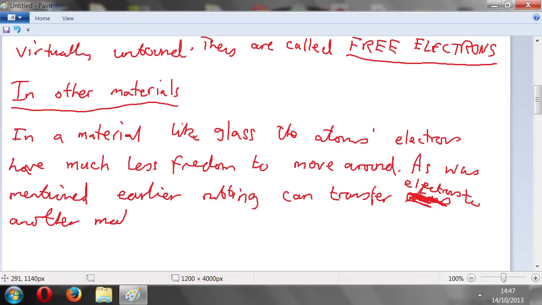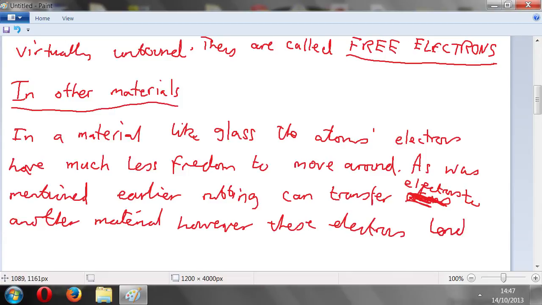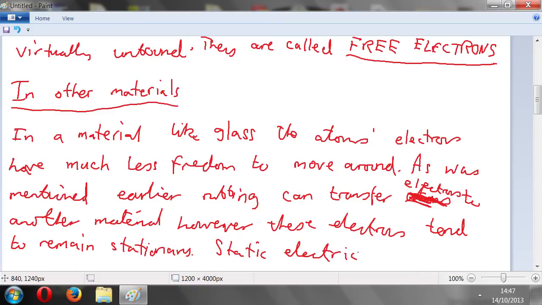However, these electrons tend to remain stationary. As I mentioned, obviously, static electricity. It's stationary, static. So there's much less movement than in metals.